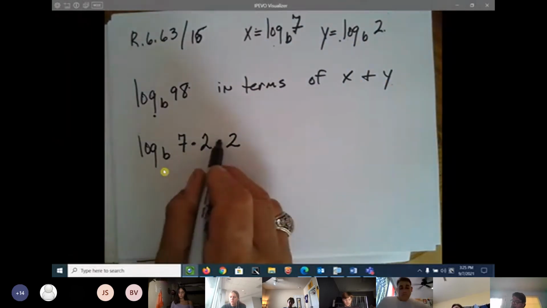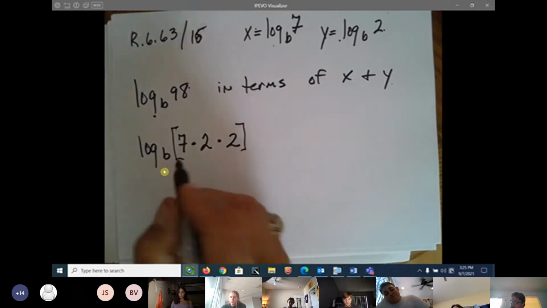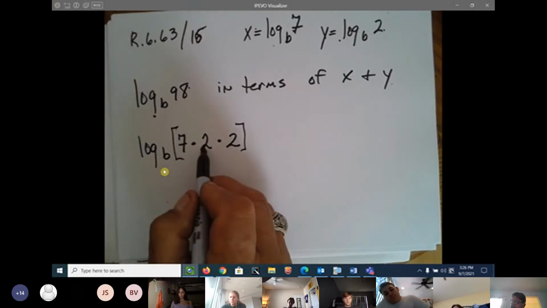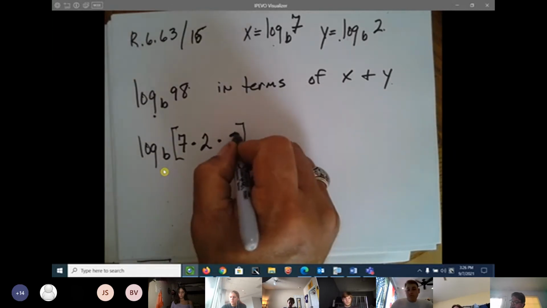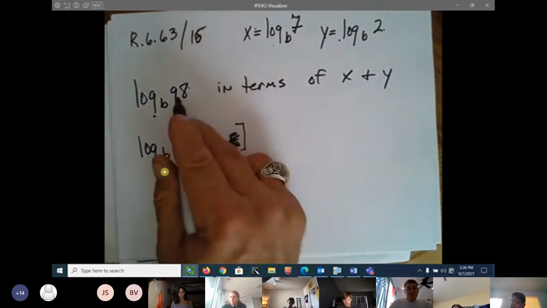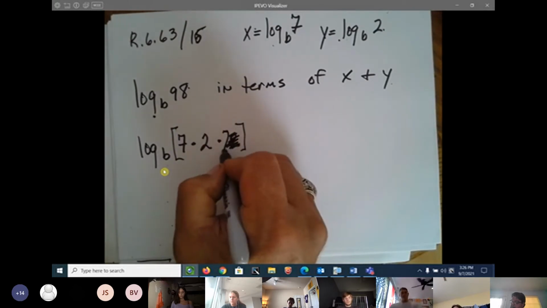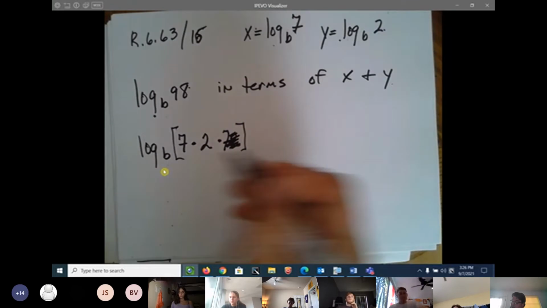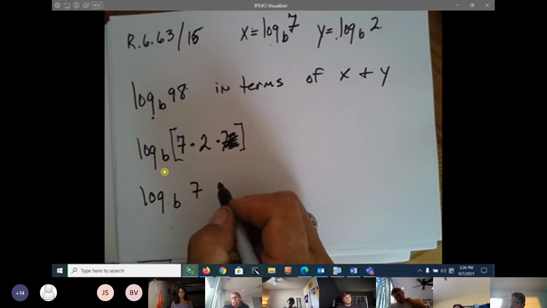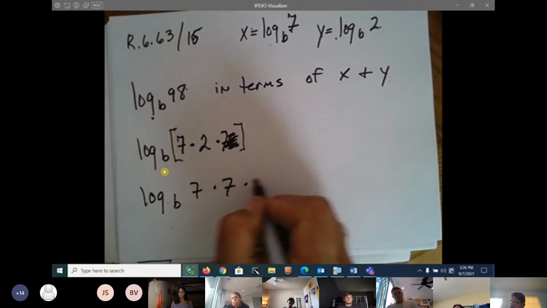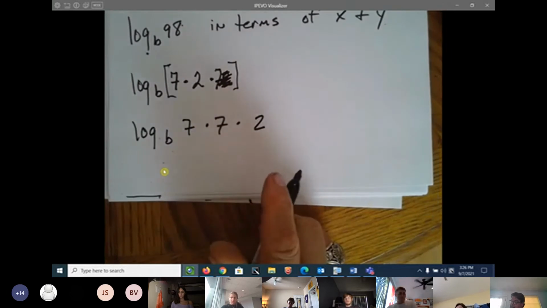When you multiply something with the same base, you can rewrite it. 7 times 2 is 14. Wait a minute, 14 times 7, yeah, that should be a 7. So log base b of 7 times 7 times 2. I'm just thinking out loud as I'm doing this.